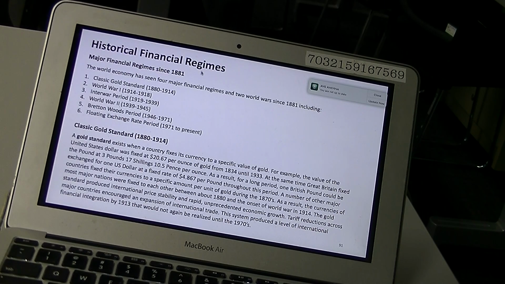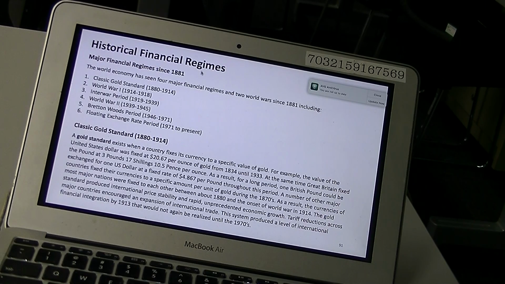It led to unprecedented and very rapid economic growth. The world saw an expansion of economic growth and trade that it had never seen in human history. This was a great era of expansion of world economies and trade. There were also tariff reductions. Countries reduced their tariffs, so it encouraged trade.